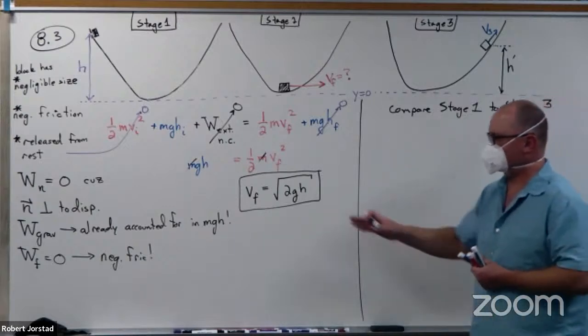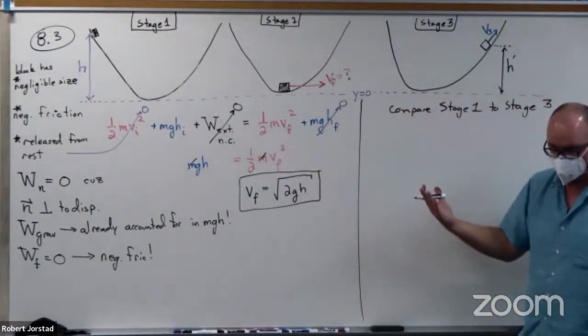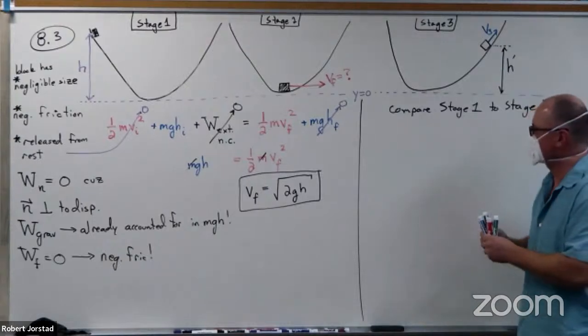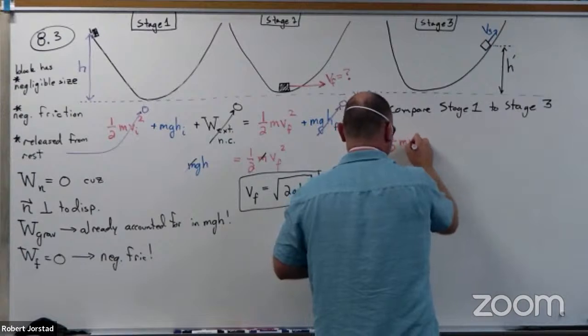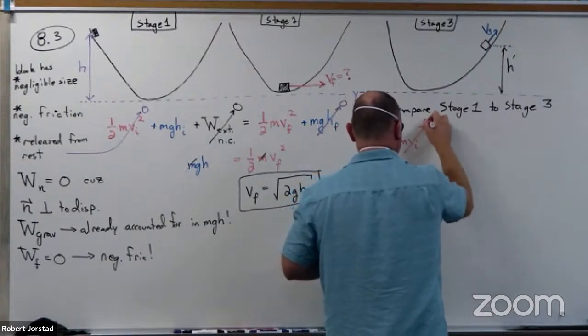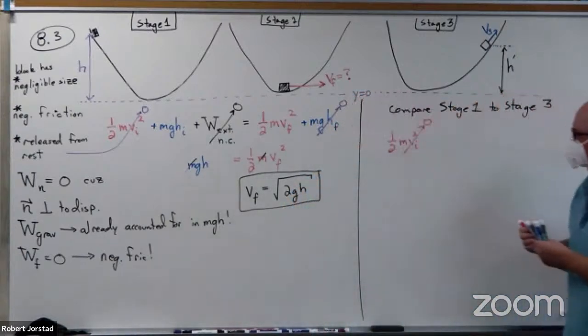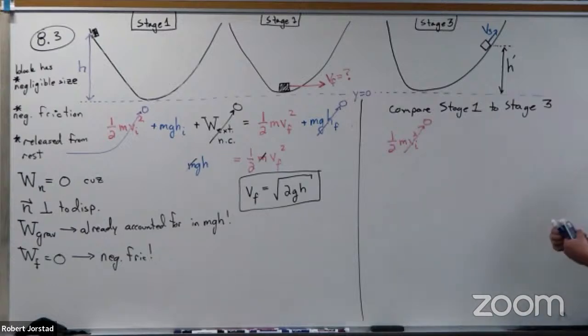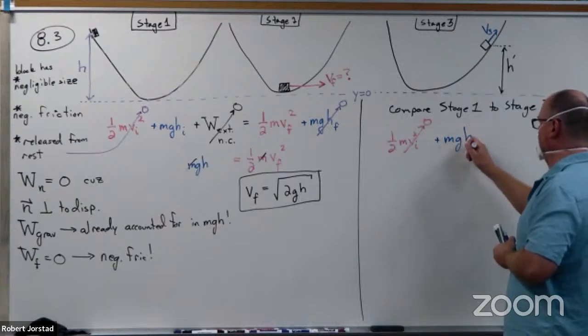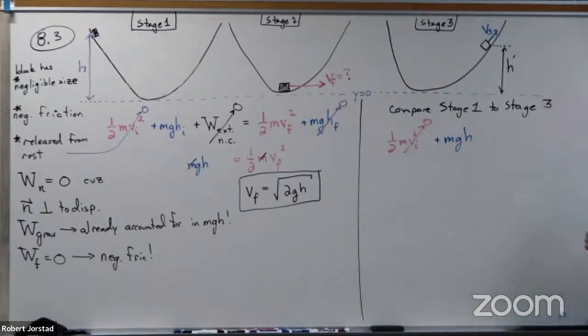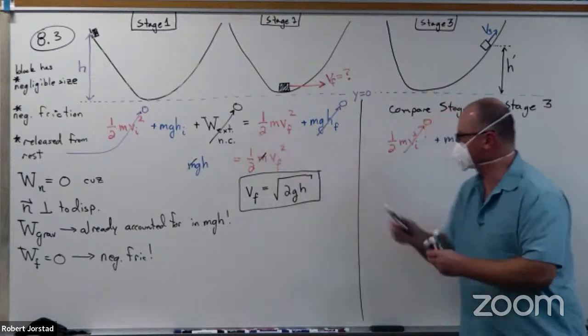Is everyone okay that the work is still 0 and we can just not write it? Yeah. Okay. Is everyone okay that the kinetic energy for stage 1 is still 0? The height for stage 1 is mgh. The work was 0, so I'm not going to write it.